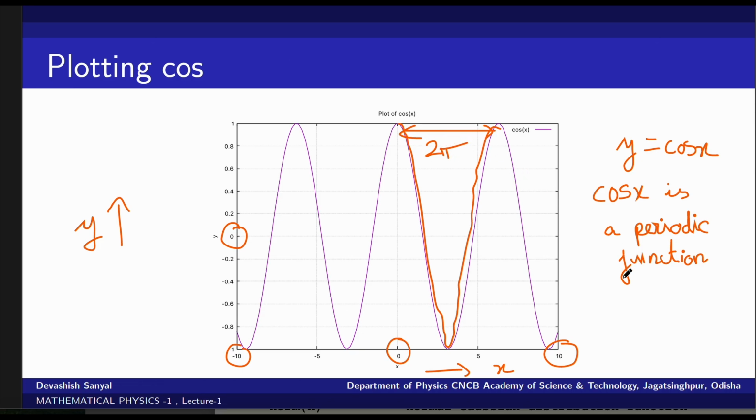So cos x is a periodic function with period 2 pi. That is, after every 2 pi distance the function repeats itself.